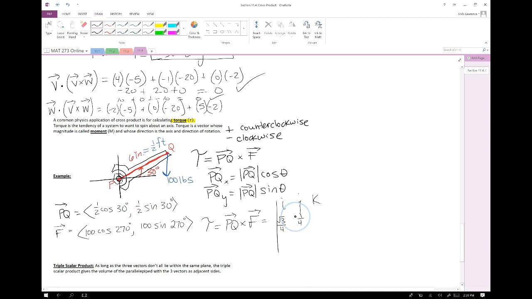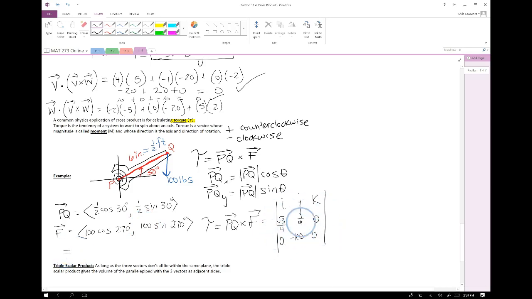And we said earlier that these cross product problems are always going to be in 3 dimensions. But to start with, we have just a 2-dimensional system, so we could just say there's nothing going on in the z direction. And then for our force vector, cosine of 270 is 0. Sine of 270 is -1. When we multiply by our magnitude, we get -100, and nothing going on in the z direction.